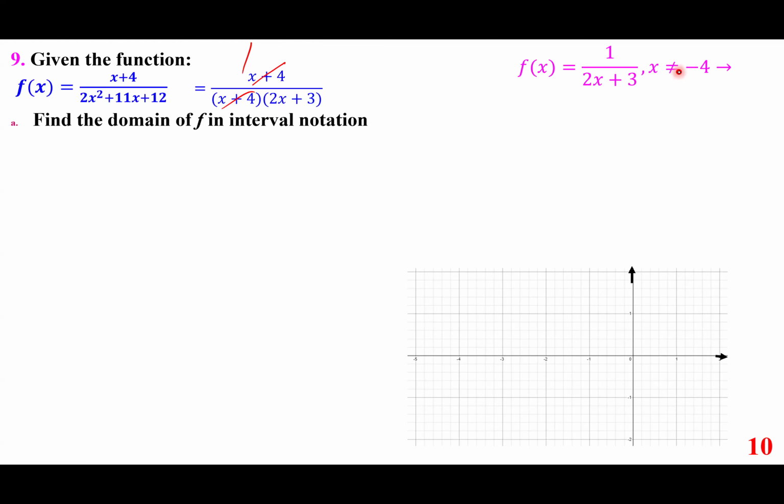In any way, the domain doesn't change anyways. -4 can't be there, -3/2 can't be there. So we write from -∞ to -4, union -4 to -3/2, union -3/2 to infinity. This is the way we represent an interval notation for the domain.